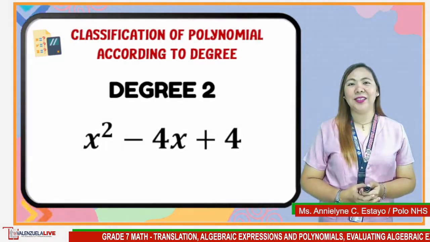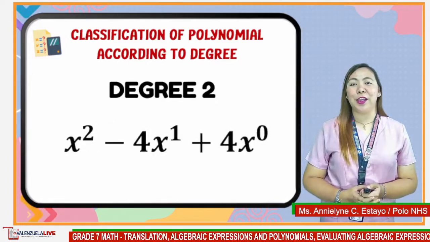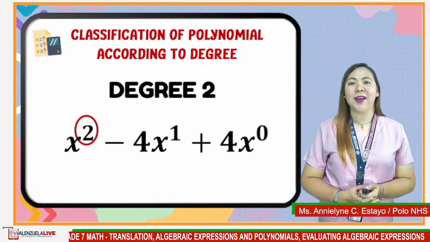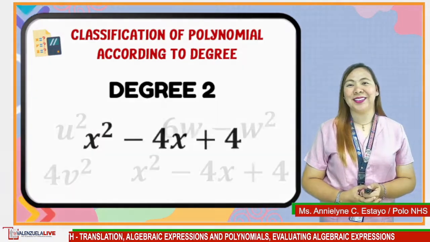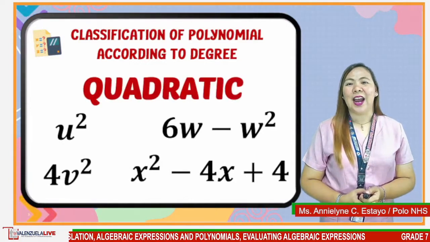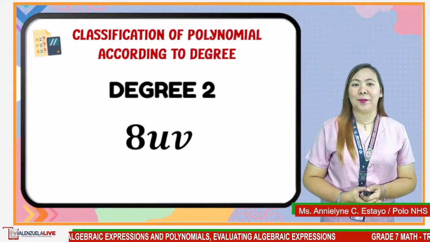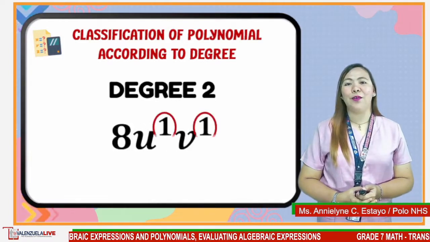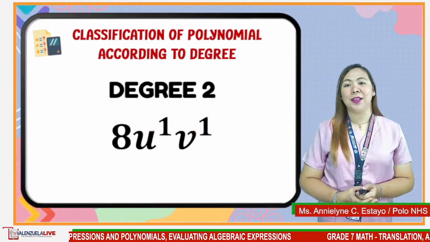X squared minus 4x plus 4 is also in the degree 2 since the highest exponent among the terms is 2. These examples are called quadratic. Another for the degree 2 is 8uv, since the sum of the exponents of variables u and v is 2.